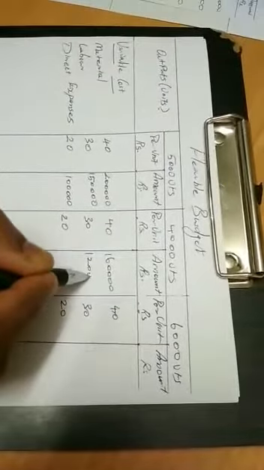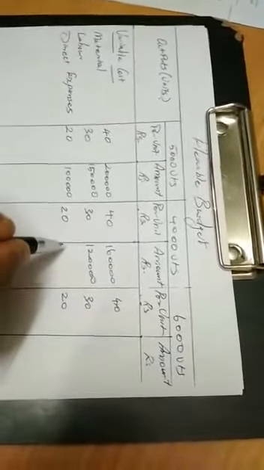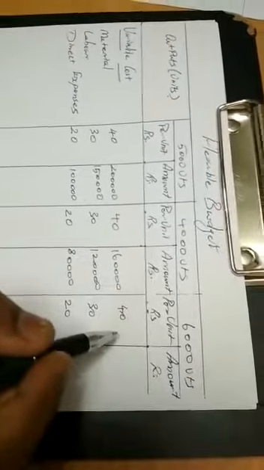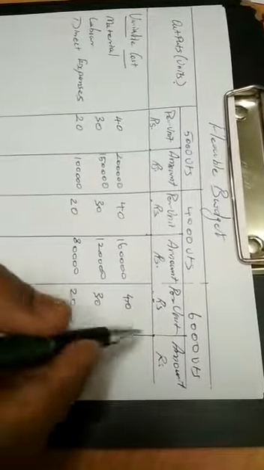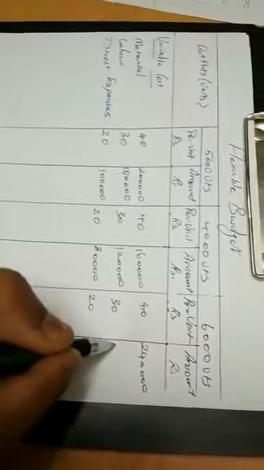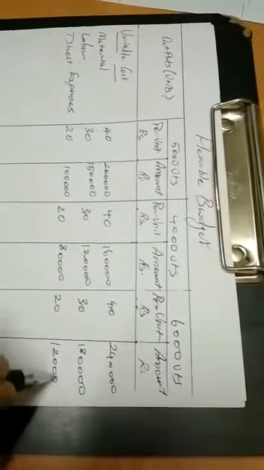Similarly for 4,000 units, 4,000 into 40, 1,60,000, then 1,20,000, 20 into 4,000, 80,000. Similarly for 6,000 units, 40 into 6,000, 2,40,000, 30 into 6,000, 1,80,000. Then 20 into 6,000, 1,20,000.